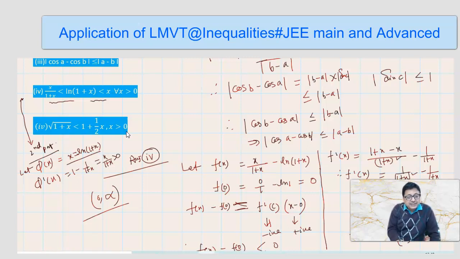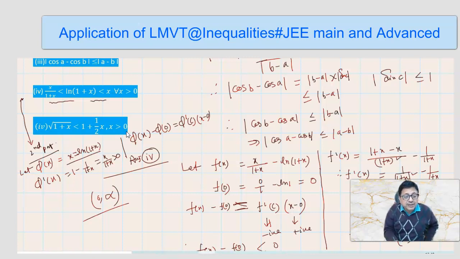Then using the equation phi(x) minus phi(0) equal to phi dash c into x minus 0, phi dash c is positive, since phi dash x is x by 1 plus x, and x is also a positive quantity. So this implies phi(x) greater than phi(0), or phi(x) minus phi(0) is greater than 0.